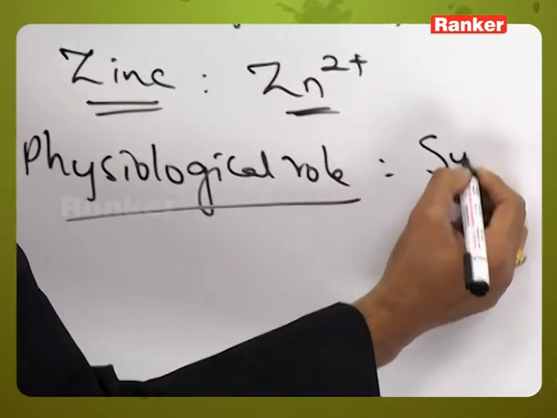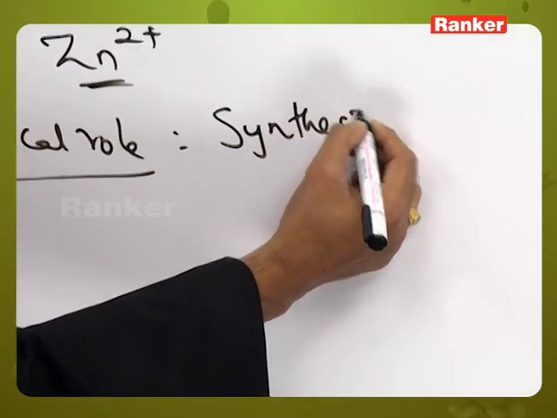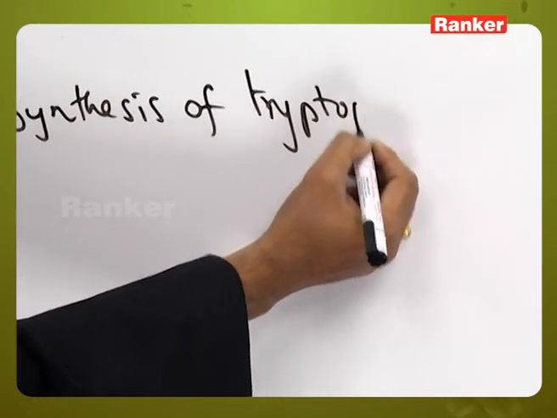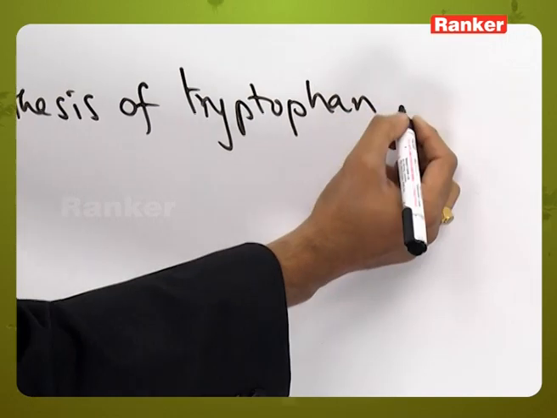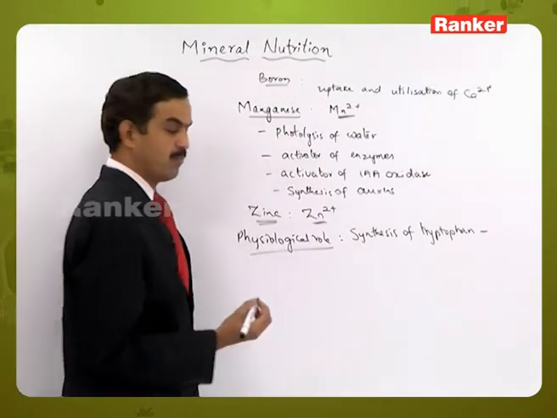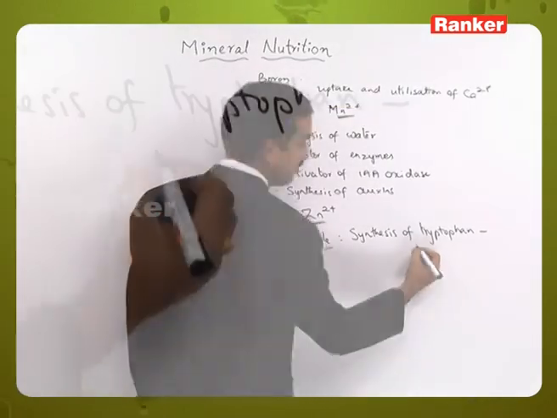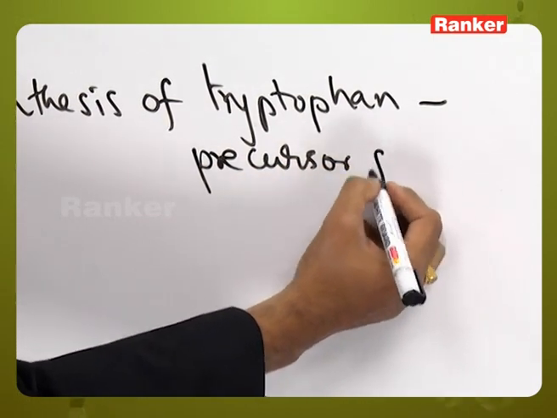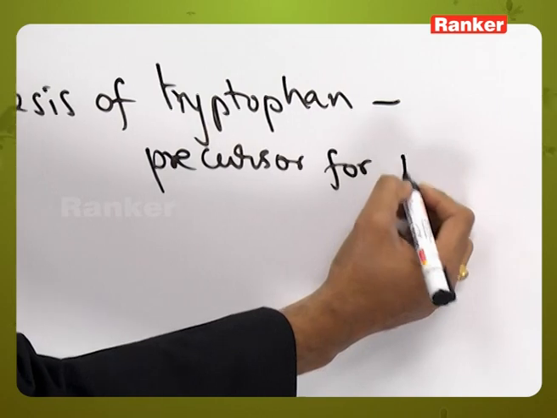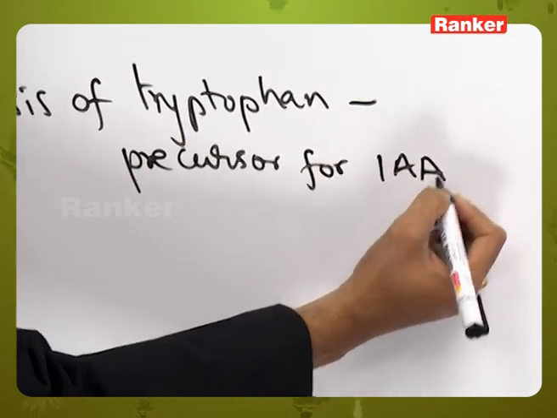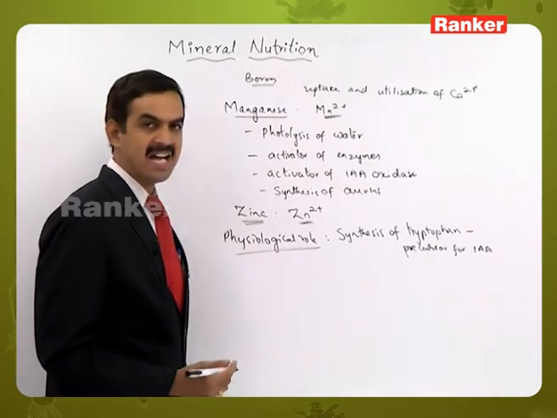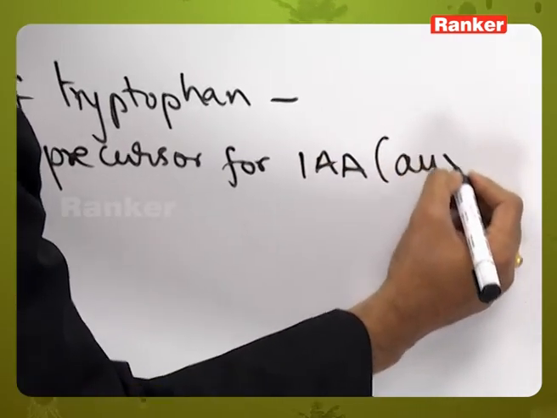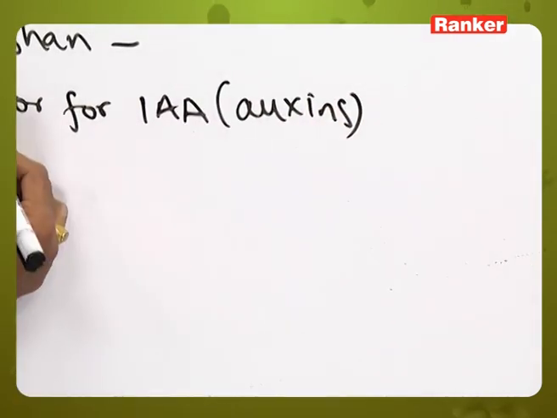It is used in the synthesis of tryptophan, which is a precursor for the synthesis of IAA, indole 3 acetic acid, a type of natural auxin produced inside the plants.